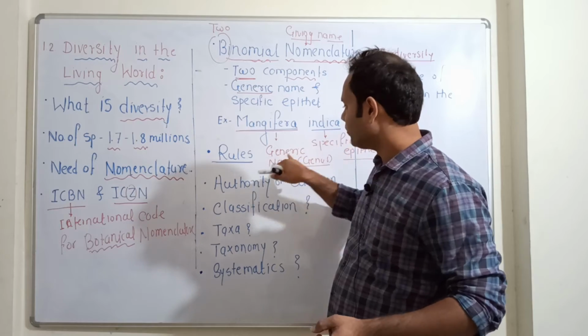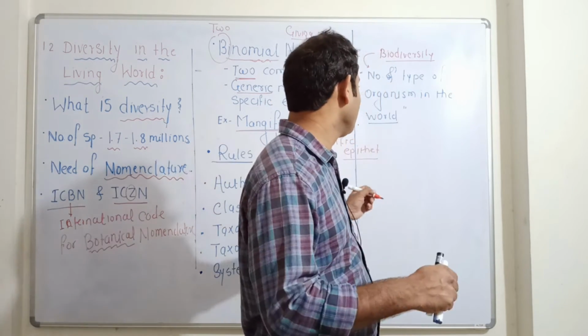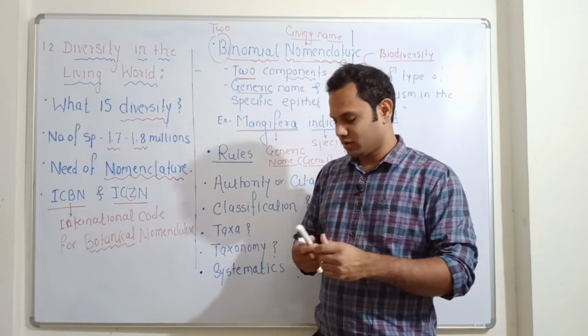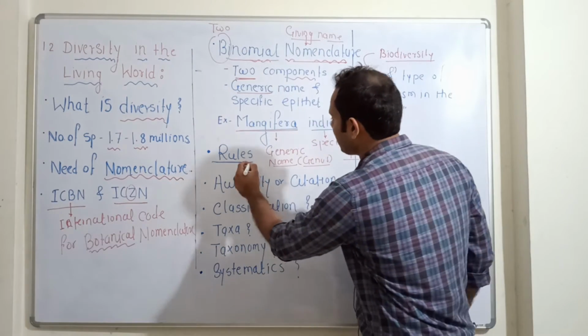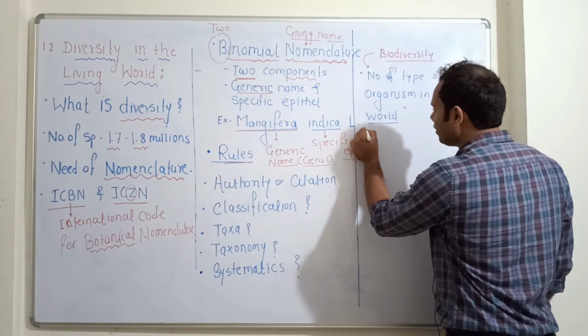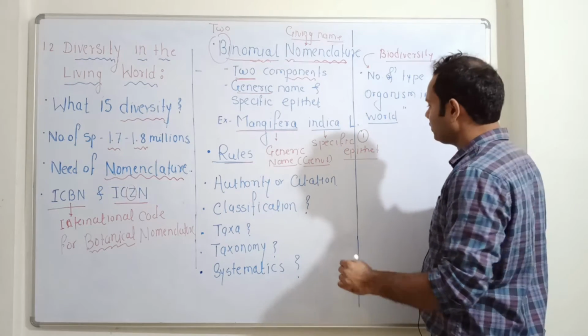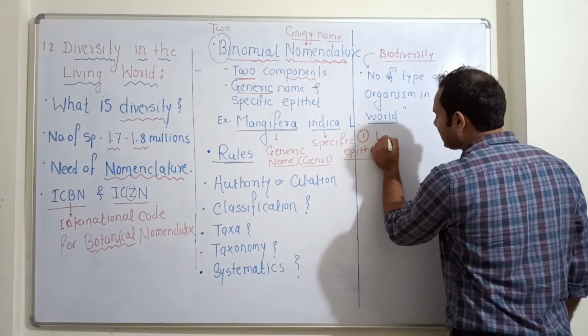Now there are certain rules and regulations on the basis of which binomial nomenclature is based. The first rule is that all these names are in the Latin language.